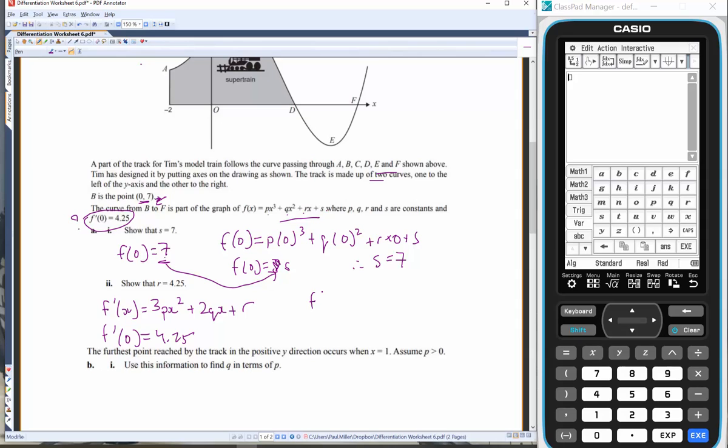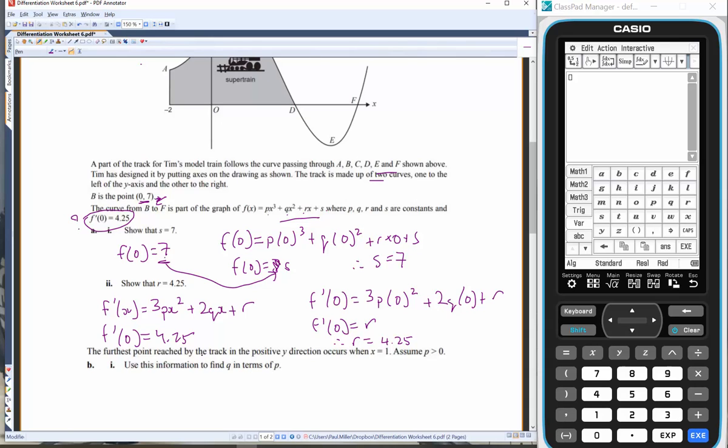So we'll do f'(0) equals 3p(0) squared plus 2q(0) plus r. f'(0) equals r. f'(0) equals 4.25. Therefore, r equals 4.25.